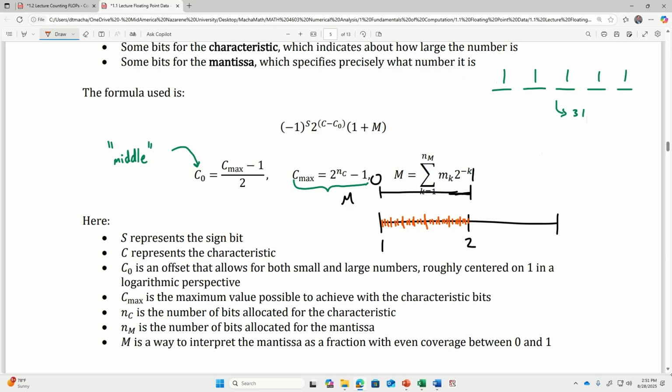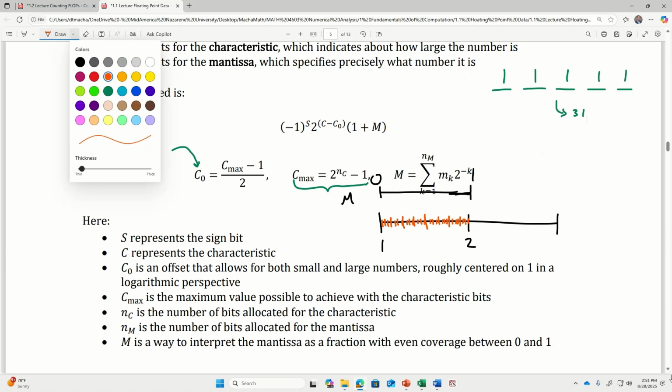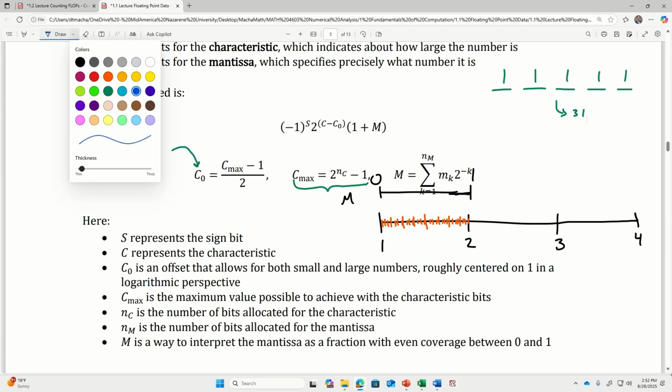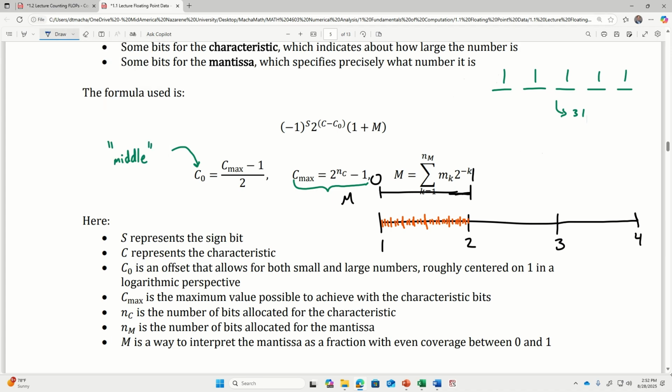If I actually want to reach these values that are between 2 and 3 on my number line, then what I would need to do is increase the characteristic by 1. Because if I increase this characteristic by 1 in the exponent, it's going to multiply everything by 2. And when I scale this up by 2, well, now I've got 1 plus 2.